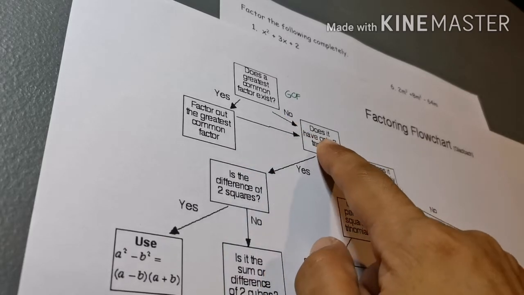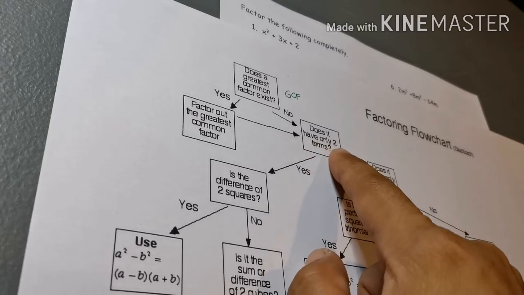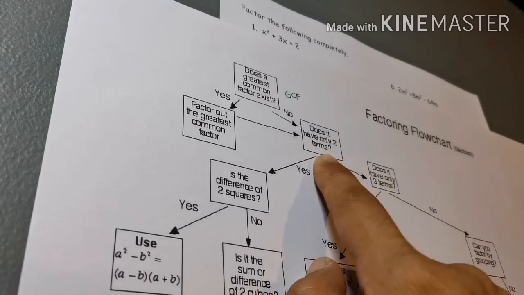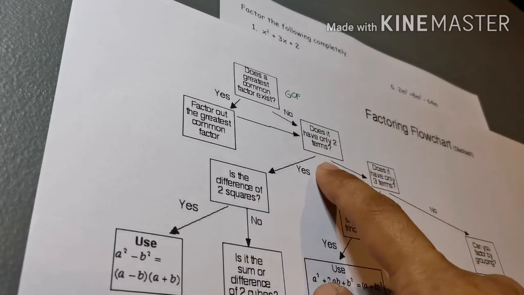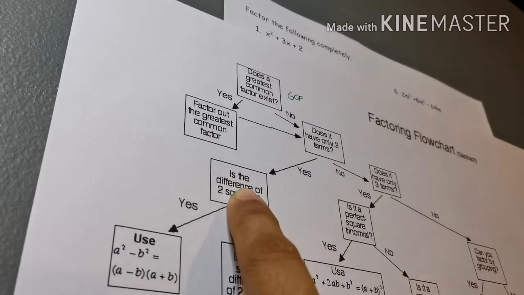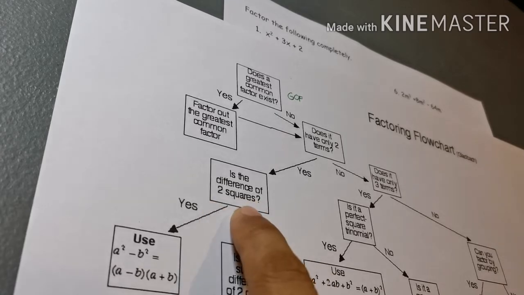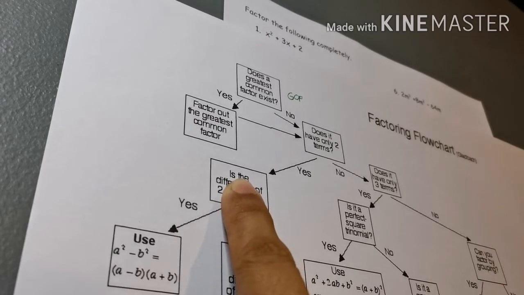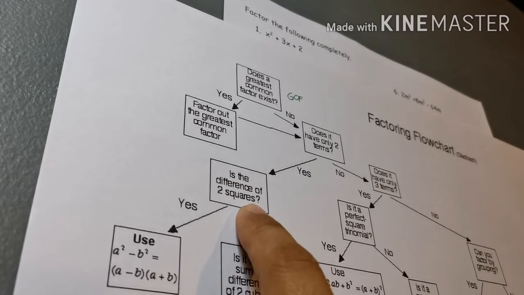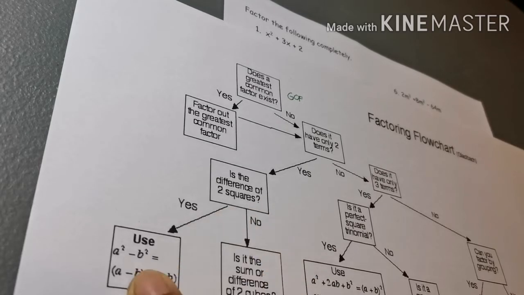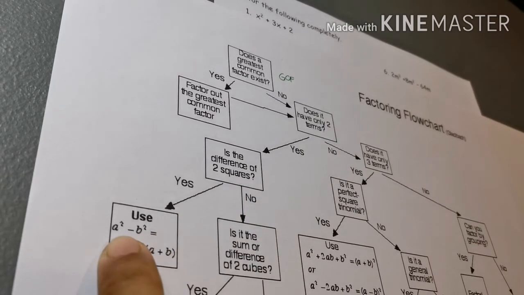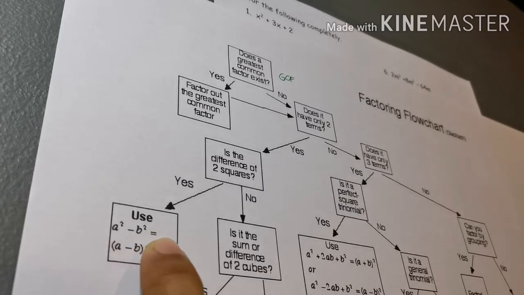Does it have only two terms? Is it a binomial? If the answer is yes, then the next question is, is it a difference of two squares? If yes, then use a squared minus b squared.